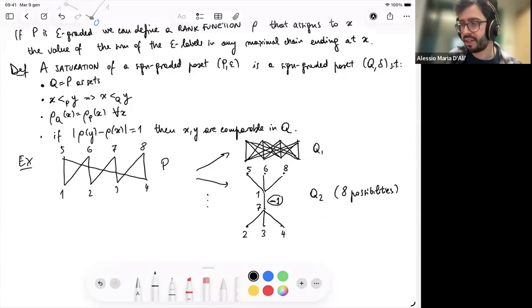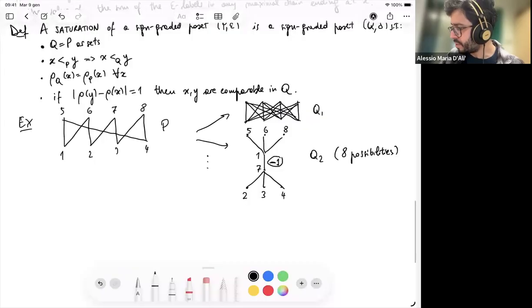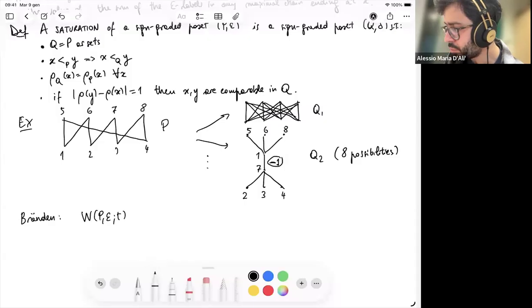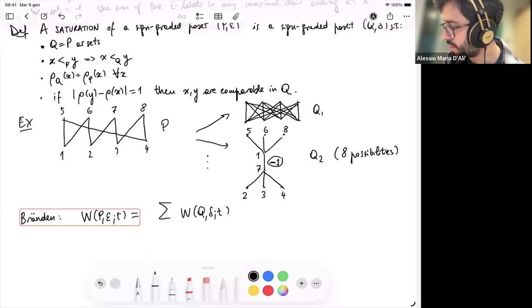So why do we care? Well, Brändén's result is that if you want to compute the omega polynomial, what you can do is just sum together all of these things whenever Q delta is a saturation of the original poset.